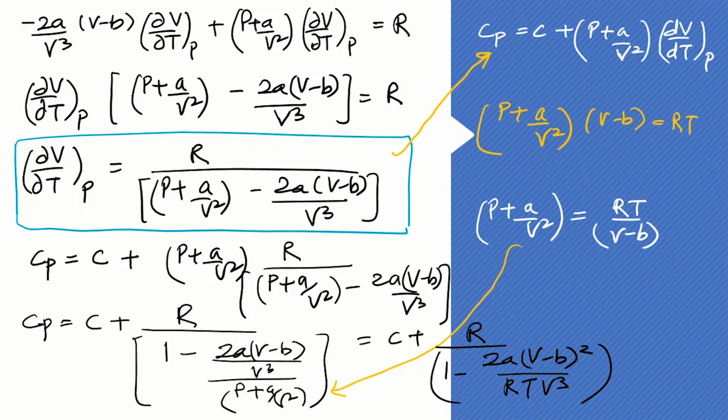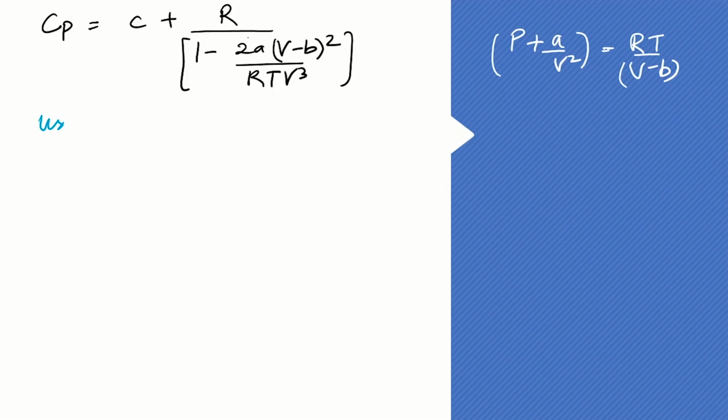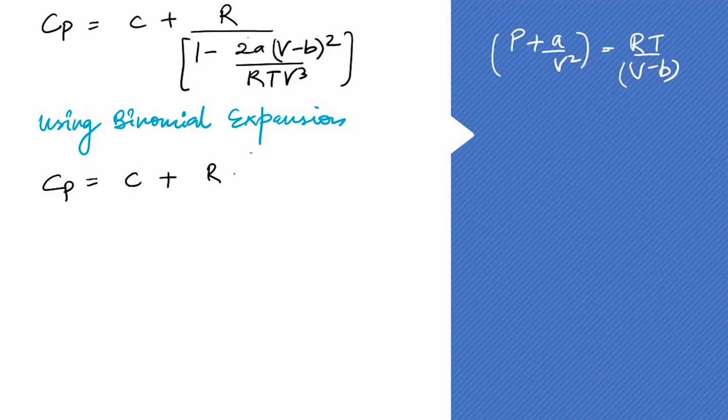So let's move to the next page. So using binomial expansion for this denominator term, the negative power gets multiplied with the second term.